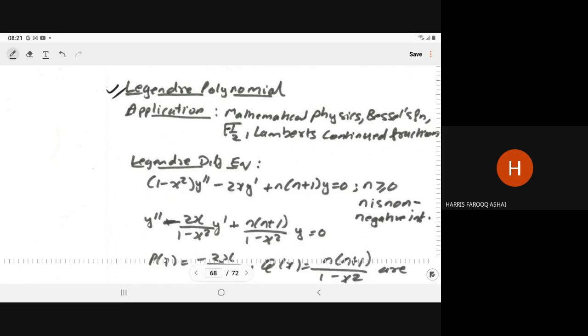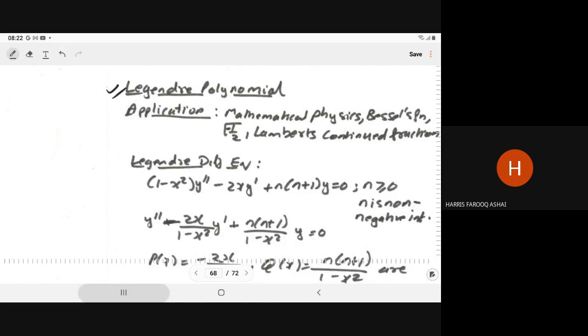In mathematical physics, you will find this Legendre equation at many places. Whenever you have to derive the Bessel function, we also use the Legendre equation. If you have to determine the value of gamma of minus half, there also we require the Legendre equation. Lambert continued fraction.